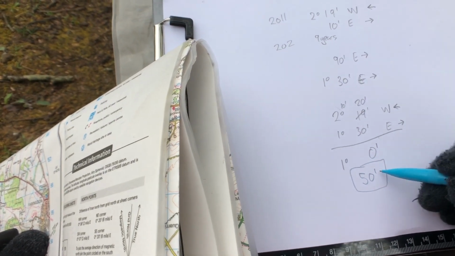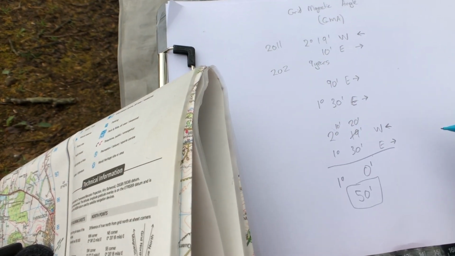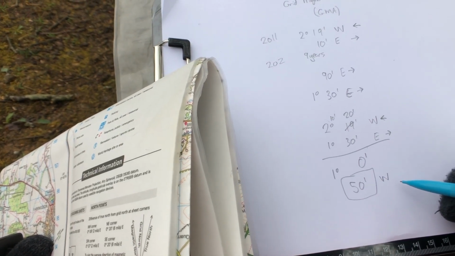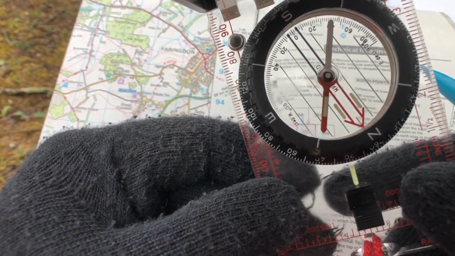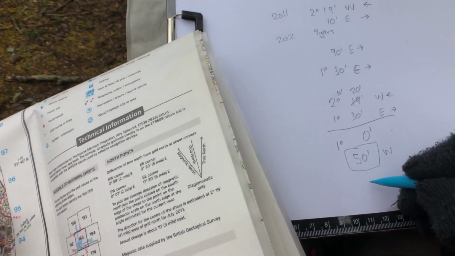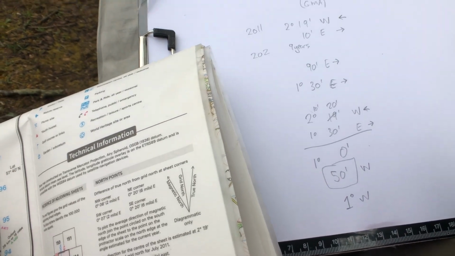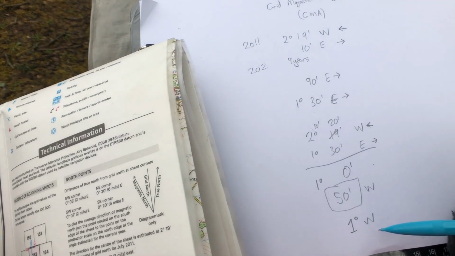So our change is 50 minutes, and because we have gone that direction, we still haven't got quite down to 0, so that is in the west direction still. The compass does not have a sub-degree resolution, so I'm going to round this up quite neatly to 1 degree west. So our magnetic variation, or grid magnetic angle, for this map on this date in 2020 is 1 degree west.